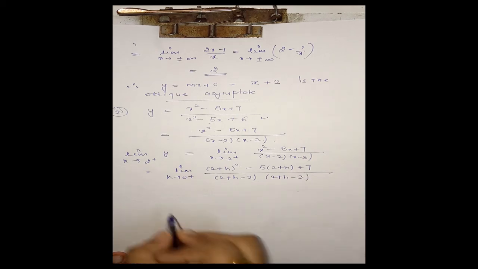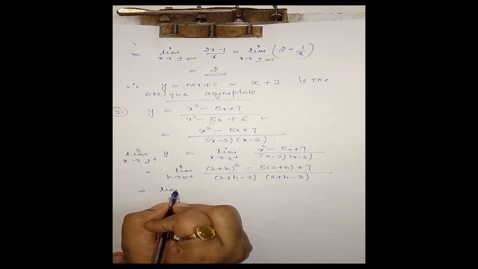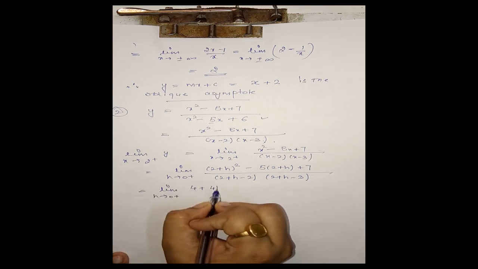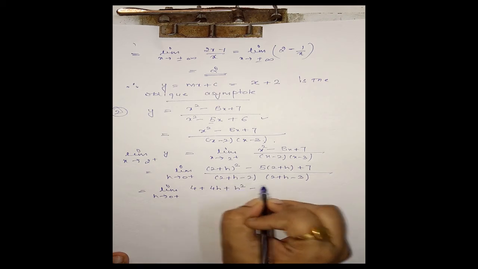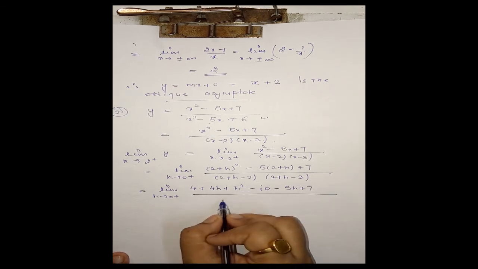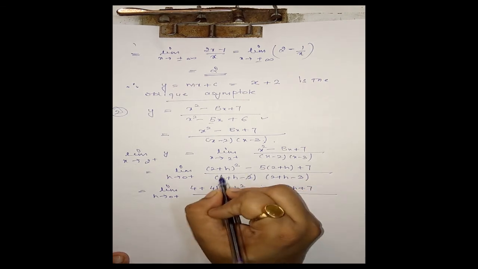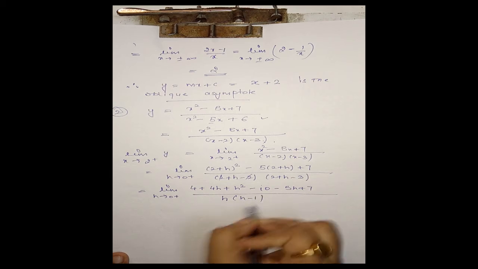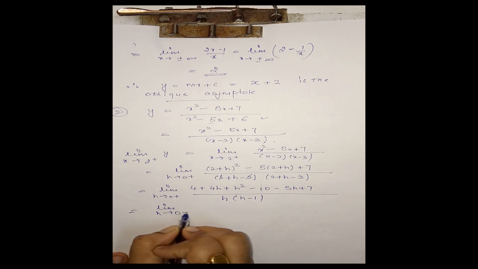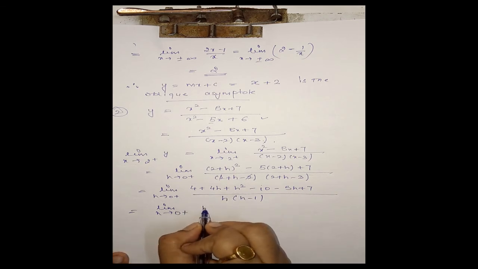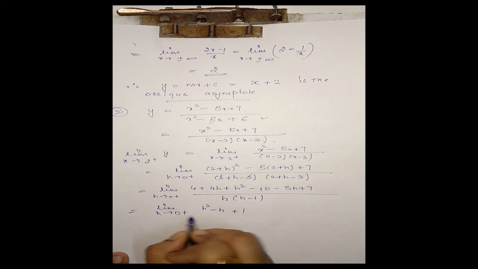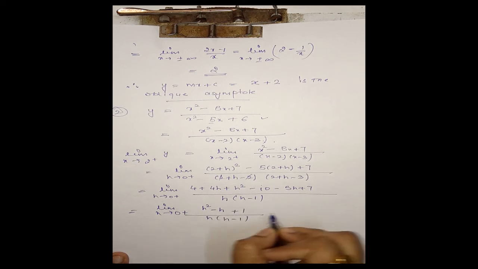Now on solving, this is 4 plus 4h plus h square minus 10 minus 5h plus 7 by h into (h minus 1). That is, limit h tends to 0 plus, h square minus h plus 1 upon h into (h minus 1).